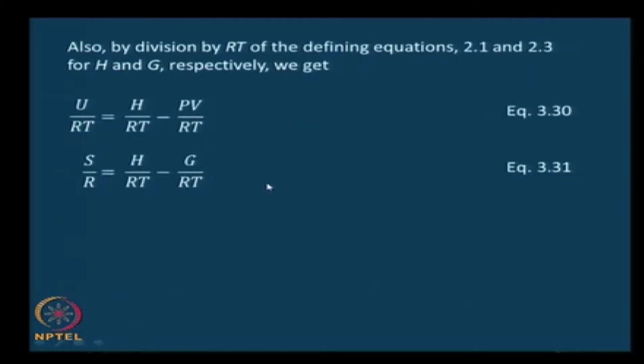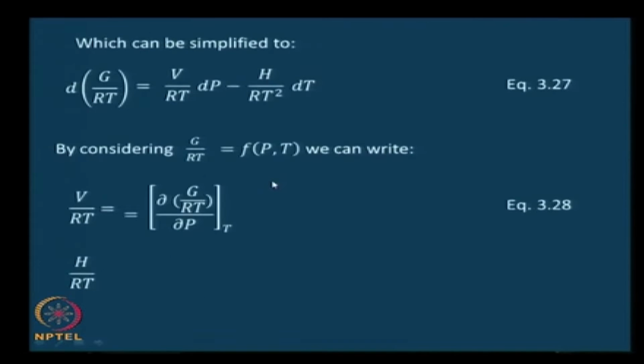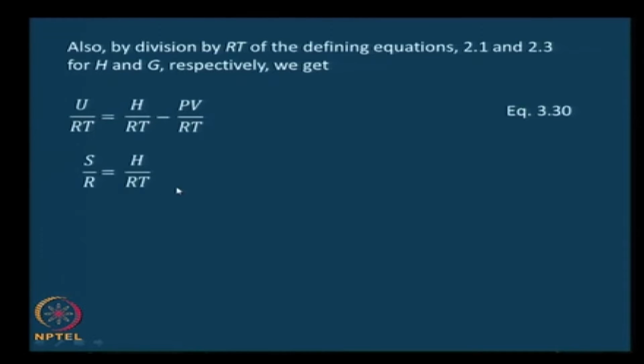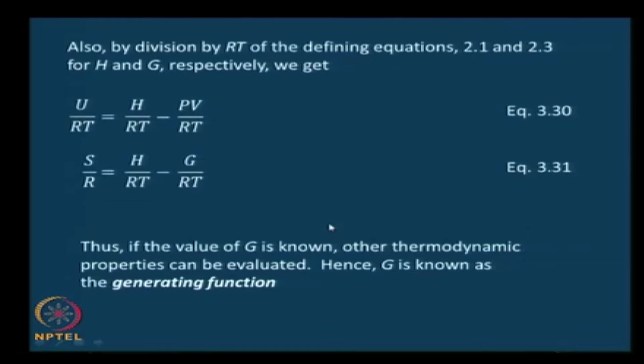If you look at it, we have V by RT here, H by RT here, and U by RT as well as S by R. Therefore, we have a complete set of thermodynamic variables if we know G by RT, and for that reason this G is known as the generating function. The Gibbs free energy is known as a generating function. We use it in the form of G by RT here.